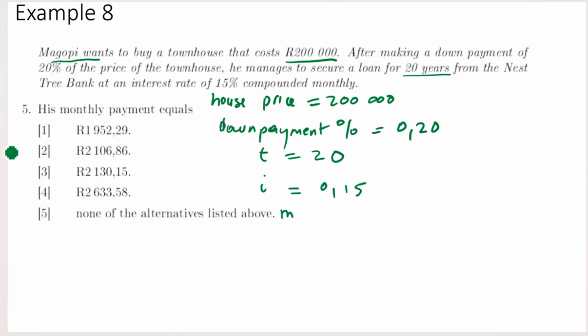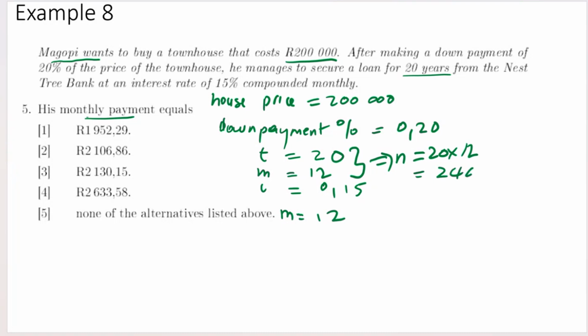This is compounding monthly, and the payments are being made monthly, so your m is equal to 12. This implies that your n is equal to 20 times 12, which is equal to 240.